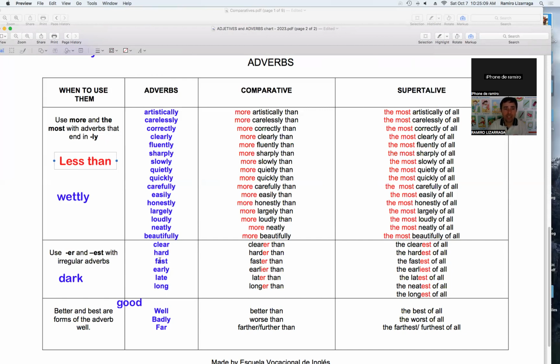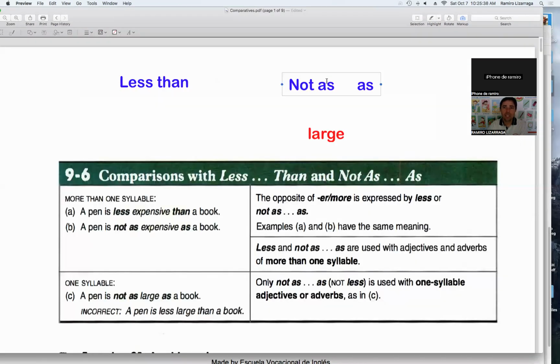But clear, no, we cannot use it with clear, hard, fast. No, they have one syllable. Well, they have one syllable. So you have to pronounce the word and check whether it has one or two syllables. It's very important to pronounce it, so you can tell whether it has one syllable or two or more. Okay, so now let's check it out.